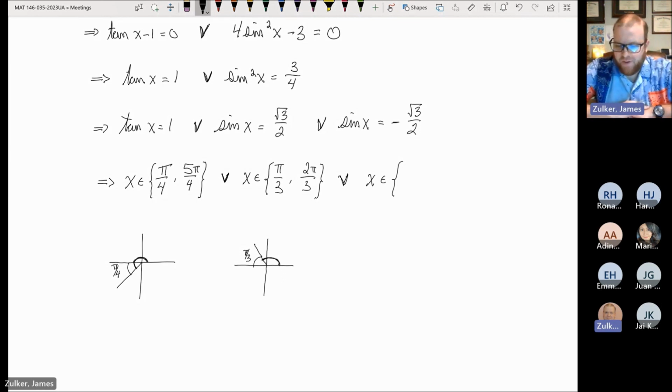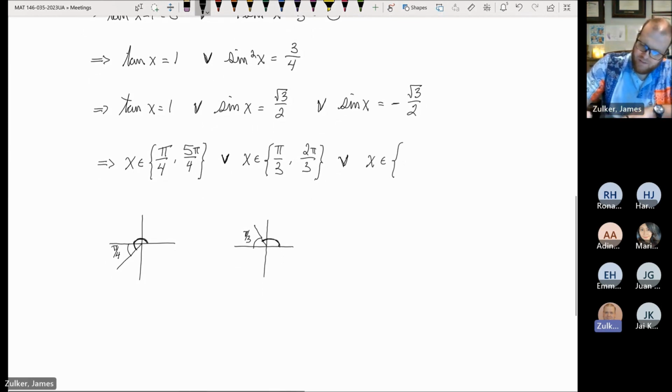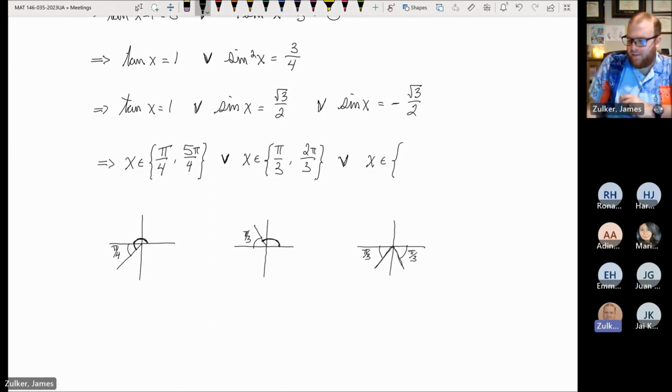Now negative root 3 over 2. Well, what quadrants are we dealing with? 3 and 4, right? So each of those angles has to be pi over 3. So then you just have to look at quadrant 3.